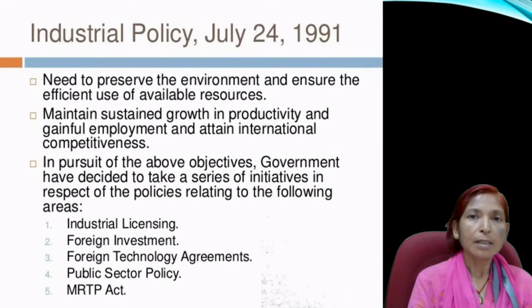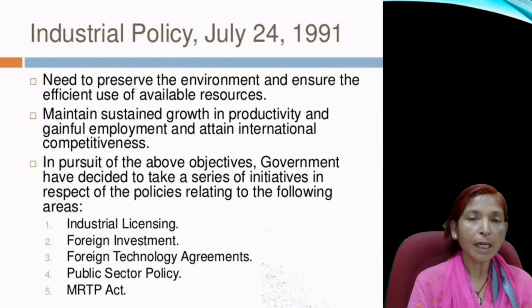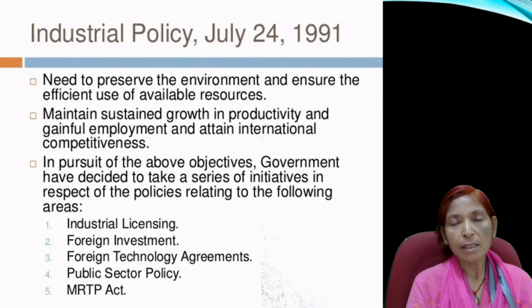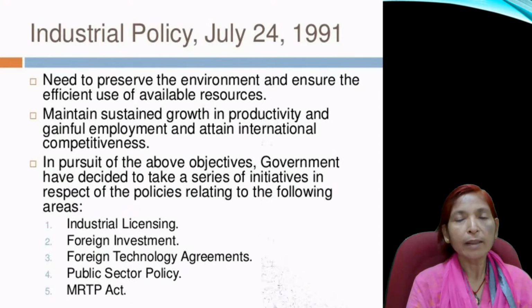And the MRTP Act, the Monopolistic and Restrictive Trade Practices Act, was launched in 1969. It imposed restrictions on big industries to control monopoly power and the concentration of economic power. At that time, only 100 crore rupees could be invested in your business enterprises, not more than that.